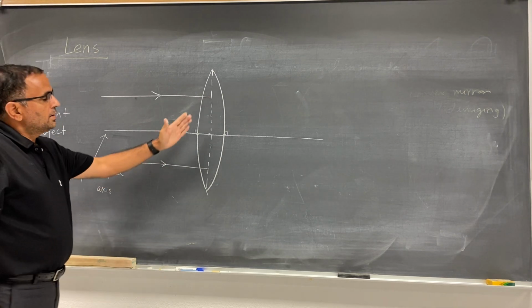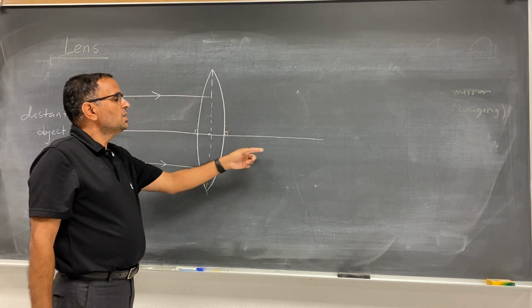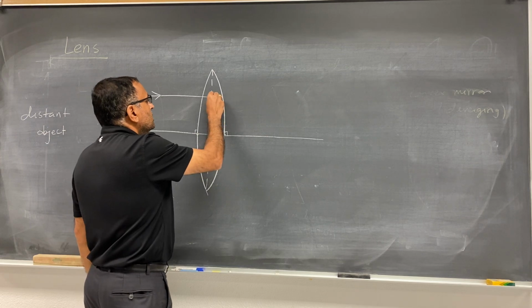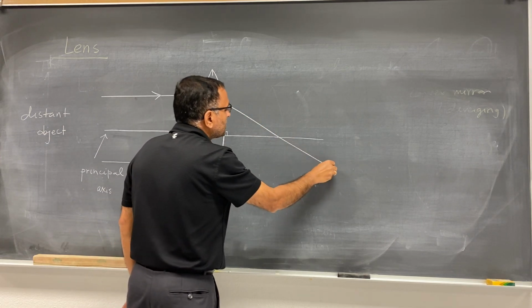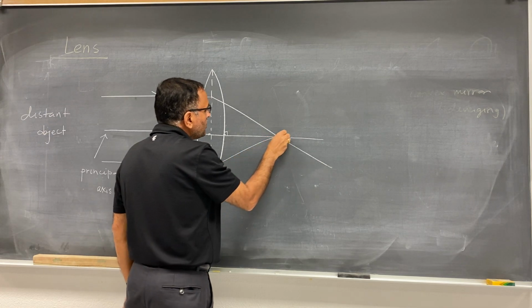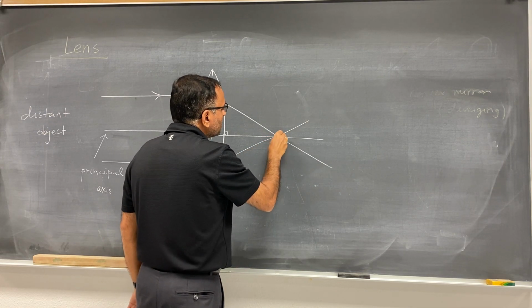Now, these two rays pass through the convex lens. What happens is, this ray goes like this, and this ray also passes through the same point here.